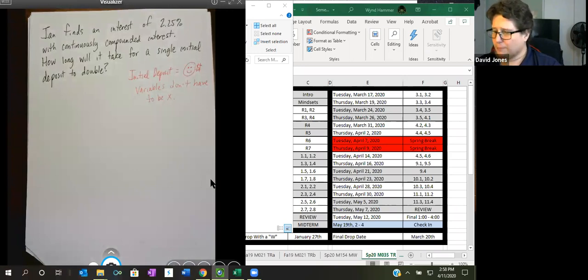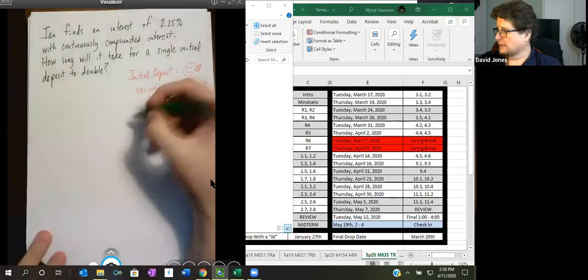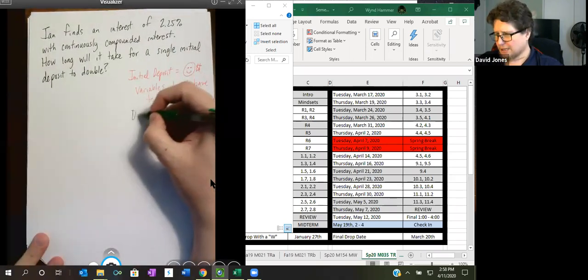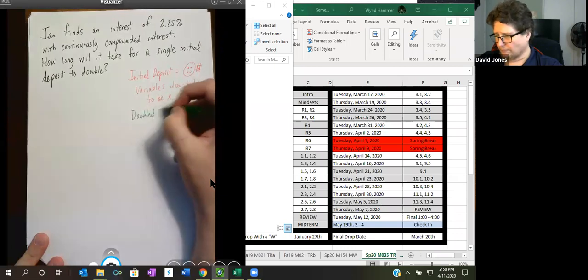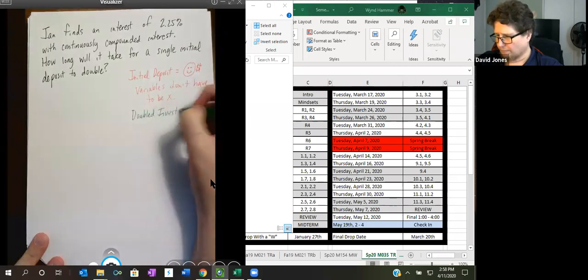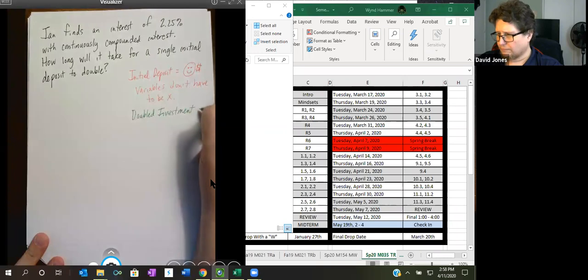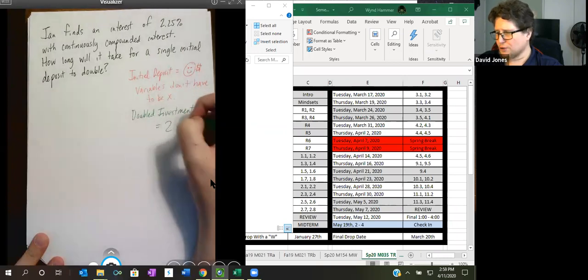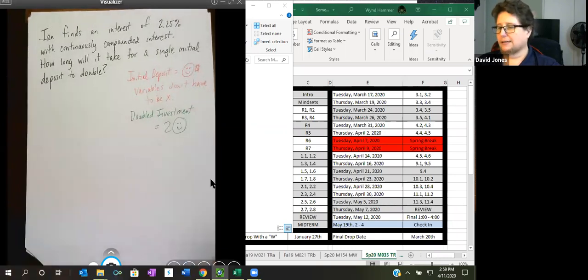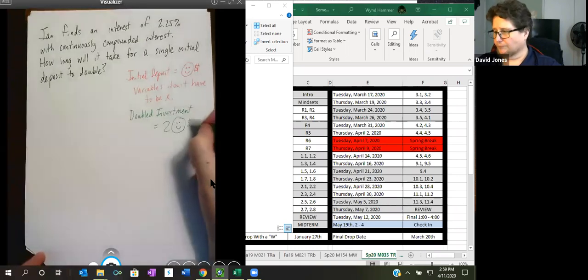So if he doubles his initial deposit, a doubled investment, how much does he have? He now has two smiley faces dollars.